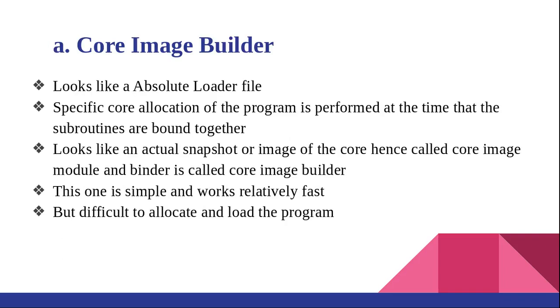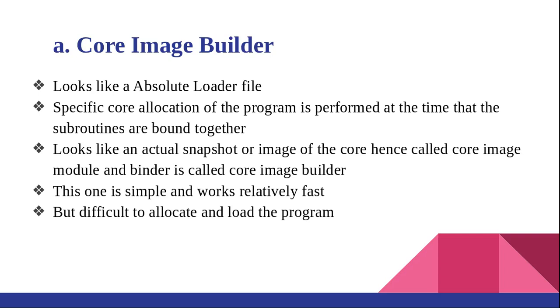What is core image builder? In this particular type of binder, the output load module will exactly look like the absolute loader file. When I taught about the absolute loader, we saw the output format of an absolute loader. So in the case of core image builder, the output will look like an absolute loader output.